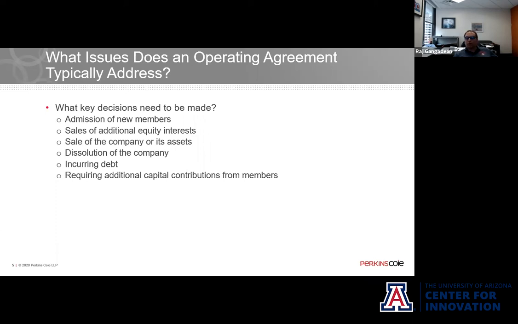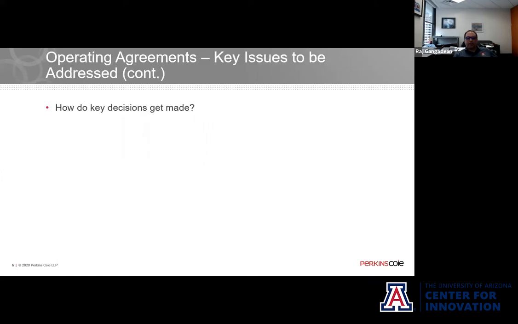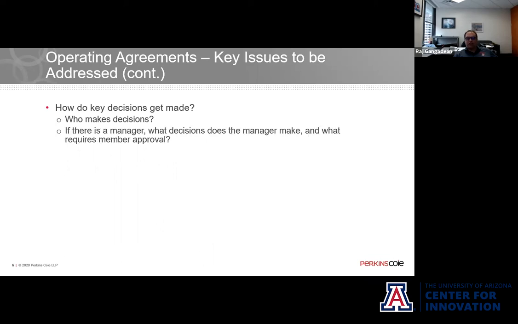This is just a small sample of the kinds of decisions the members of an LLC may need to make in the course of the company's term. So one of the things an operating agreement will typically address is, how do these key decisions get made? Who makes the decisions? If it's a manager-managed LLC, do the managers make the decisions?